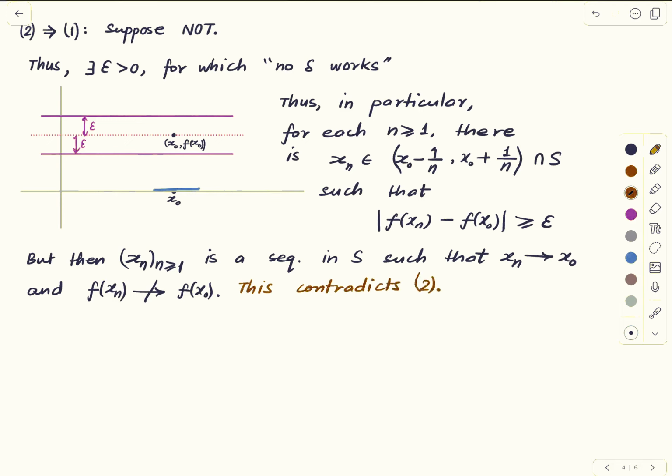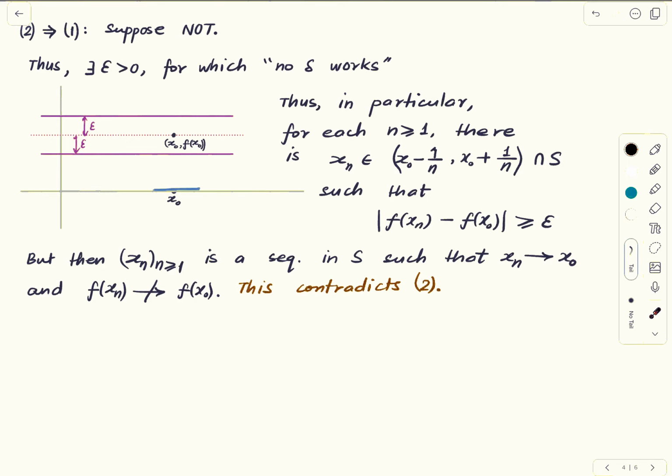Because what 2 said was that if xn is a sequence in S converging to x0, then f(xn) converges to f(x0), and this is in straight contradiction with it. So that's why 2 implies 1 is also true, and we have proven a new criterion for continuity.